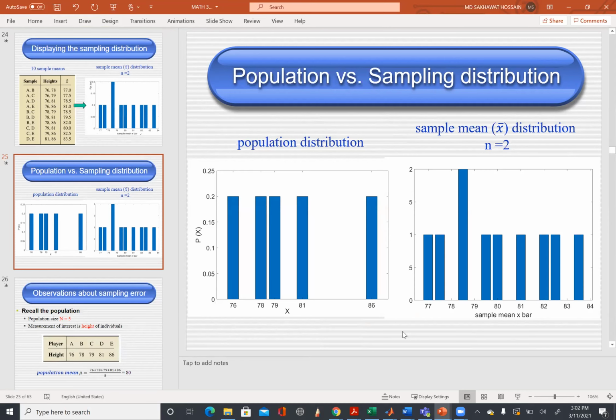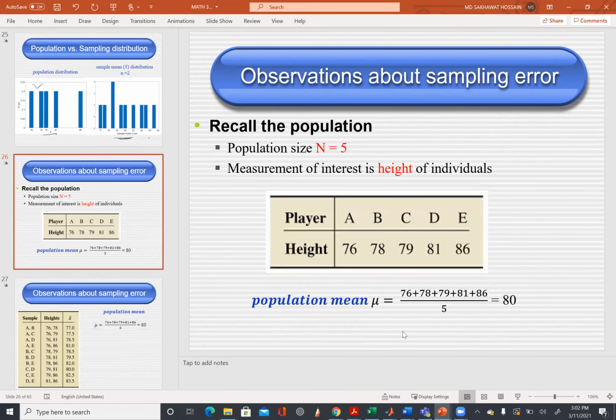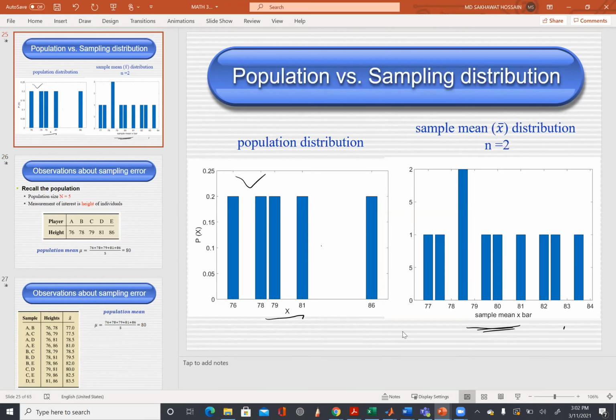This is the population distribution, the distribution for X, and this is the distribution for X bar. This distribution is a little different from that one, right? Is it clear what the sampling distribution and the population distribution are? Or do you have any questions? Okay, good.